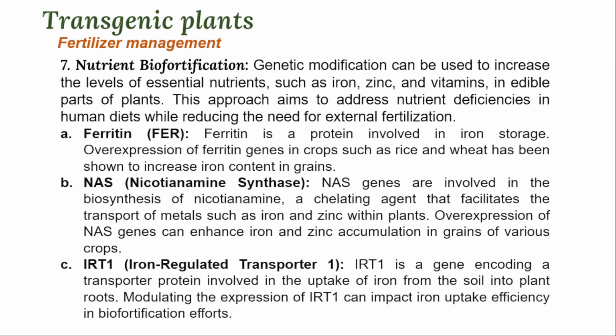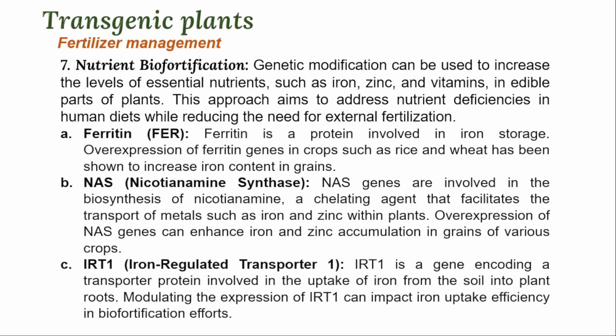One more strategy we can use here is nutrient biofortification. Nutrient biofortification means through genetic modification we can increase the level of essential nutrients in different parts of the plants. You can see here ferritin, NAS, IRT1. These are the genes mainly helping in this. If they are overexpressed, they will accumulate more iron and other nutrients in the plant cell itself.